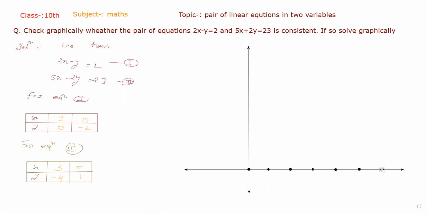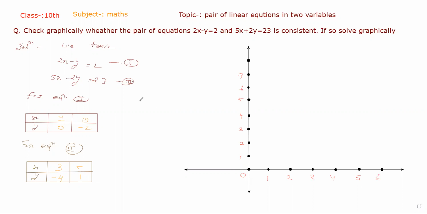Similarly here, 1, 2, 3, 4, 5, 6, 7, 8. Now I'm going to write 0, 1, 2, 3, 4, 5, 6, and so on.